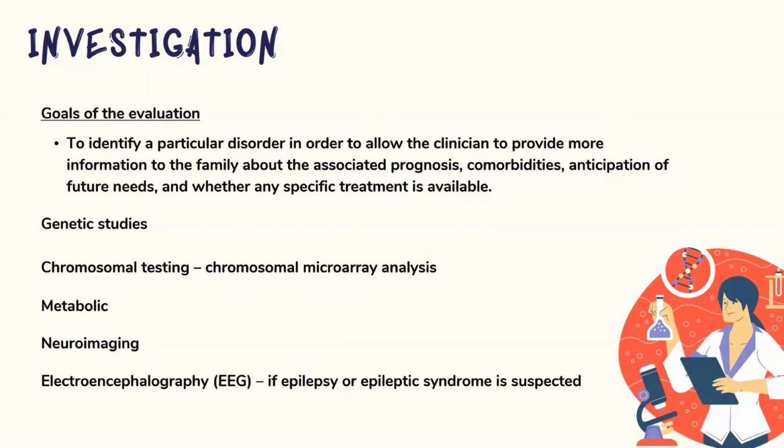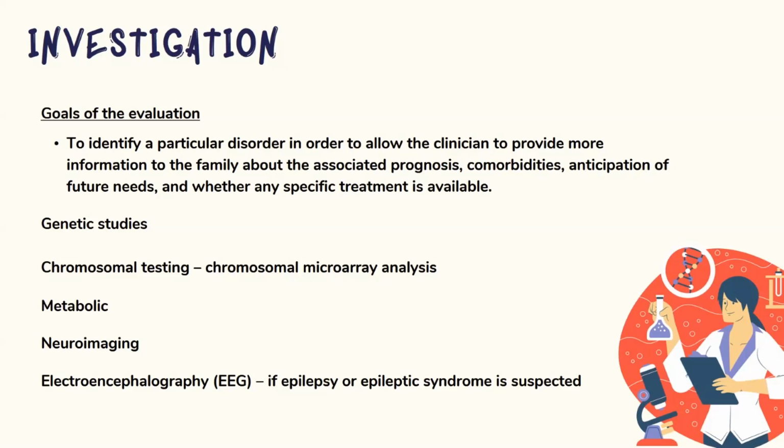And then for metabolic testing, we usually try to look for the concentration of plasma amino acids, the urine, serum ammonia, and lactate. We also can look at electrolytes to detect any acidosis.